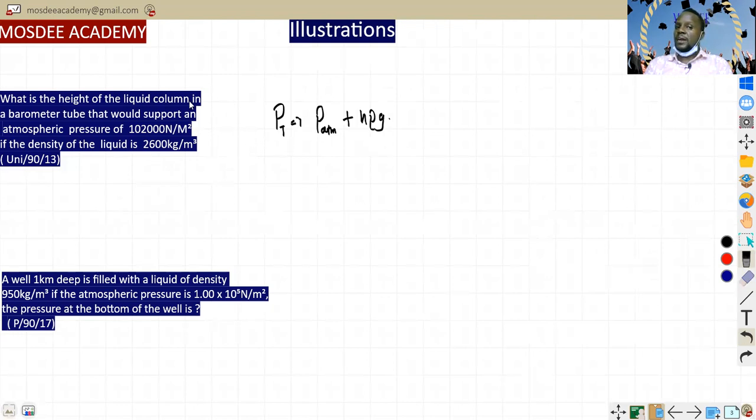We are looking for the height of the liquid when the atmospheric pressure, P atmospheric, is given to be this, in fact, this should be Newton per meter square, and the density is this. So we can just do that. We need to know the height of this liquid that brings about the atmospheric pressure of that.